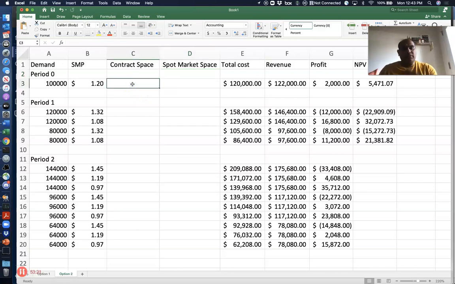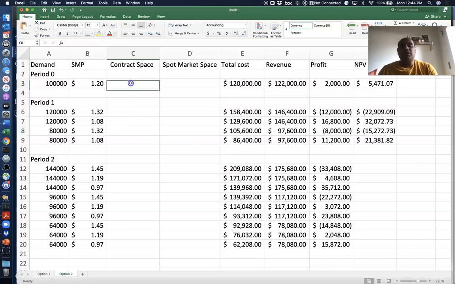So if demand is more than 100,000, then the contract space will be more than 100,000. Otherwise, the contract space is always 100,000. Even if demand is only 80,000, because you're signing a fixed lease, you still have to rent all 100,000 units of space.